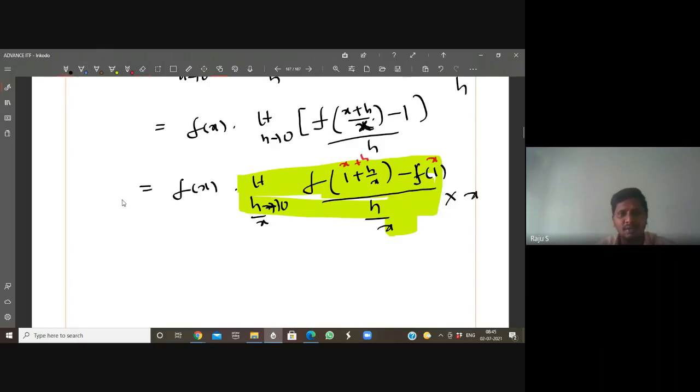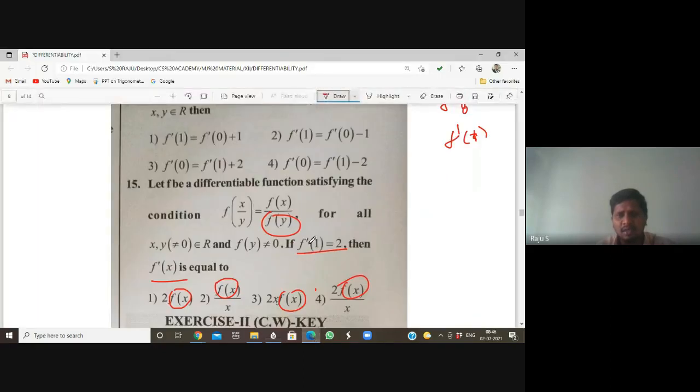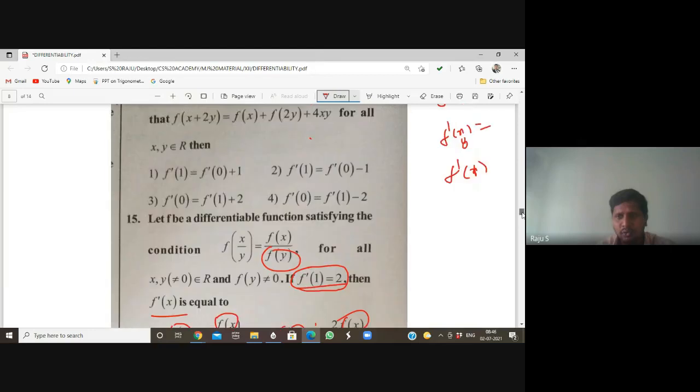This can be written as, so left side is f dash of x is equal to f of x into this complete value is f dash of 1, because in place of x, 1 is there, by 1 by x. So what is f dash of 1, student? F dash of 1 already given, 2.